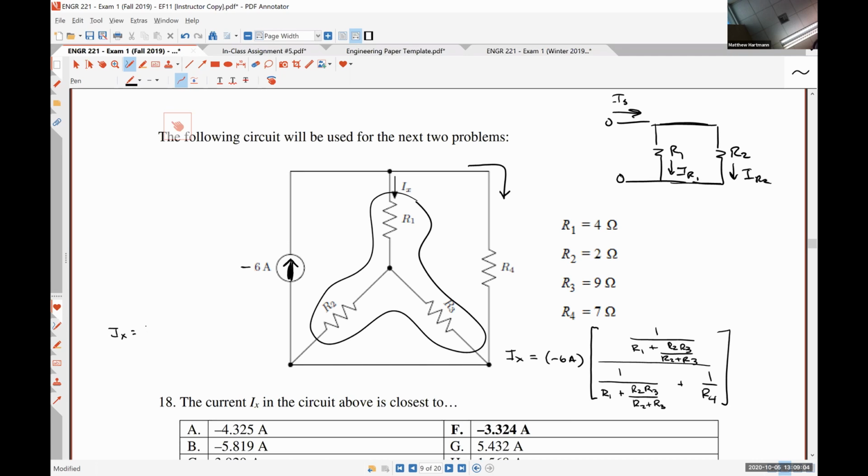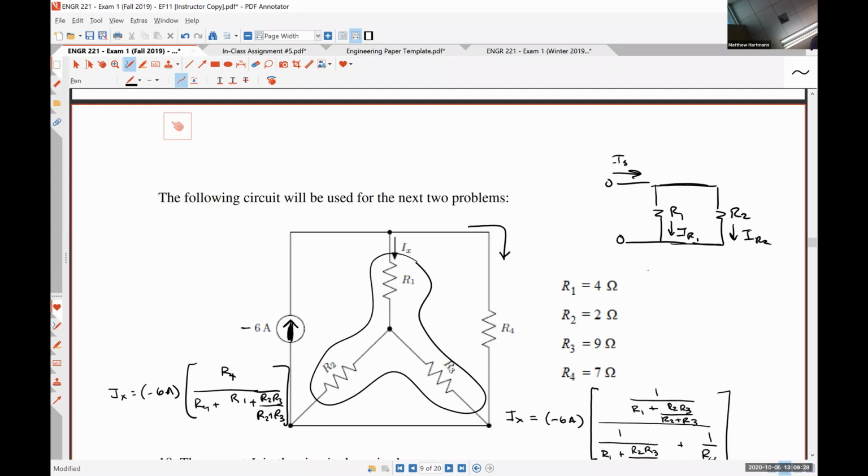Now what you see in the solution, and I'll do it over here, IX is equal to negative 6 amps times R4 over R4 plus R1 plus R2 R3 over R2 plus R3. That's what it shows in the solution, right? Okay, so let's circle back around to this guy up here. Let's look at just the current IR1.